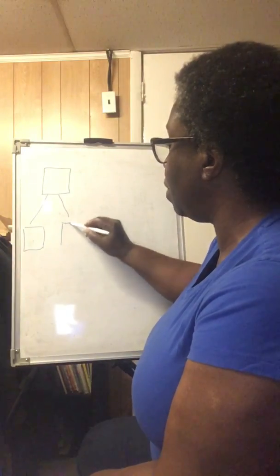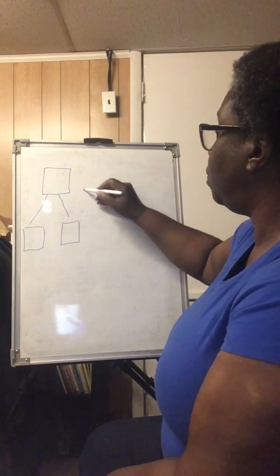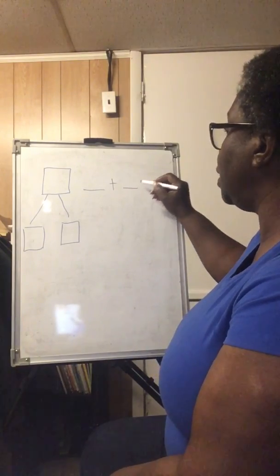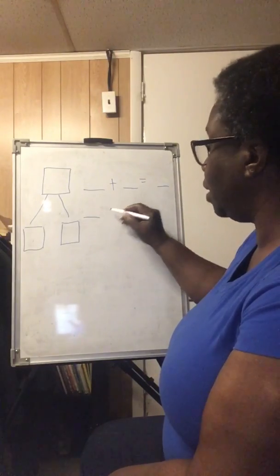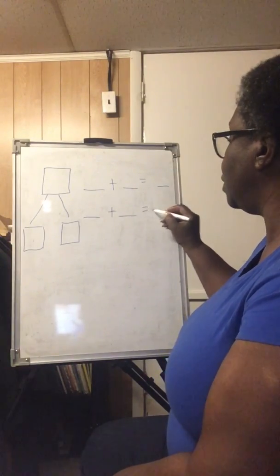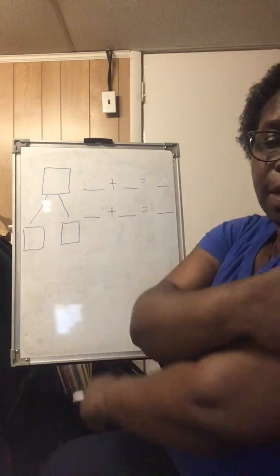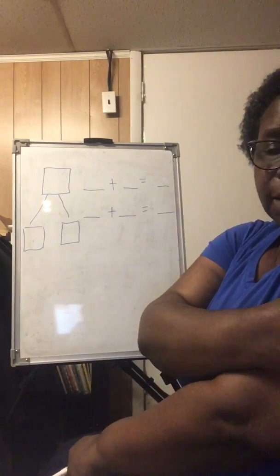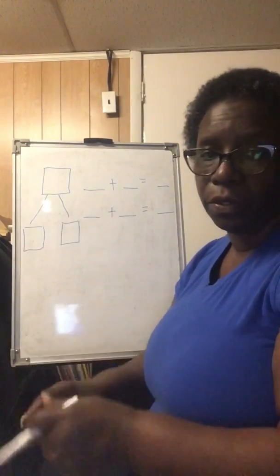This is our number bond, okay? And then they give you blank plus blank equals blank, and blank plus blank equals blank. And you're going to complete each number bond and write 2 addition sentences. And you remember when we write addition sentences, it's just switching numbers, okay?